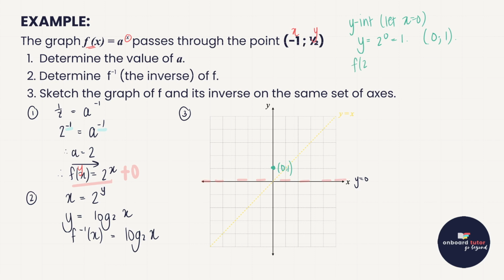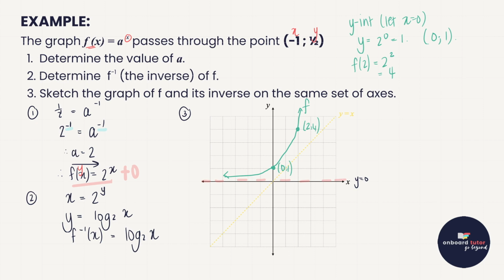So what is f of 2? Well, the equation is 2 to the power of x. So that's going to give me a 4. So now when x is equal to 2, y is equal to 4. Okay, so there I have 2 points on my exponential function, and that is the graph of f.